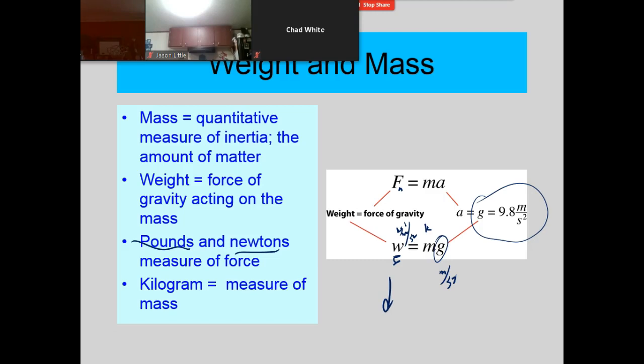Strange way to express it, not even using the name. Acceleration is feet per second squared or meters per second squared. The force is in pounds, or in the SI units, newtons.